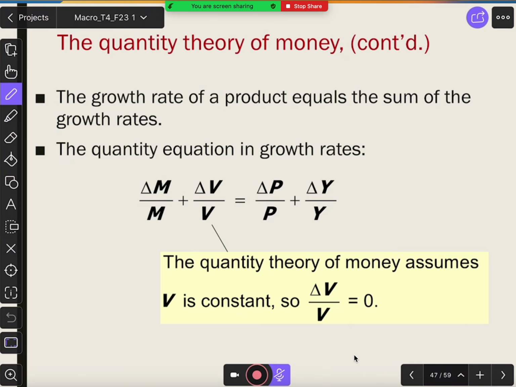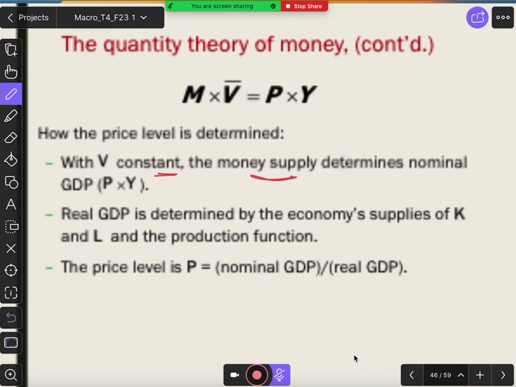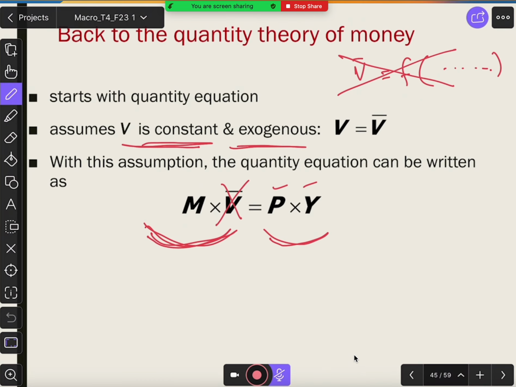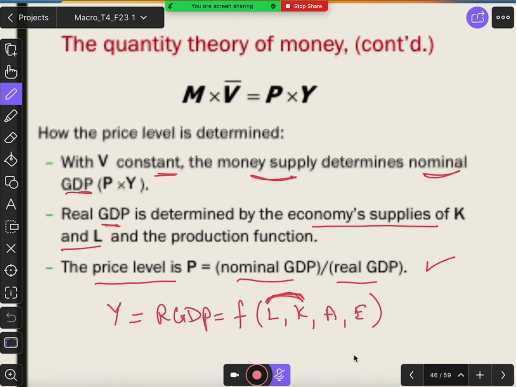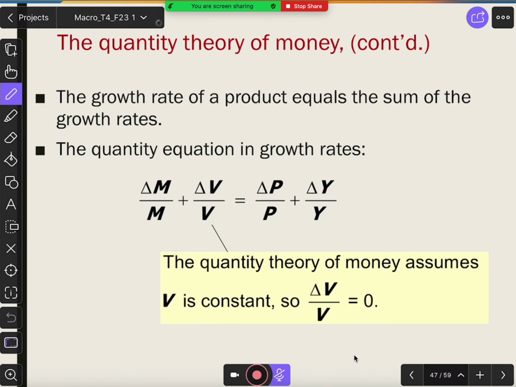And if we take changes in the left and the right side, I already told you that any change in the left side cannot be attributed to changes in velocity because velocity is assumed to be constant. So any changes in the left side are coming from the money supply, which has to be equal to the nominal GDP.